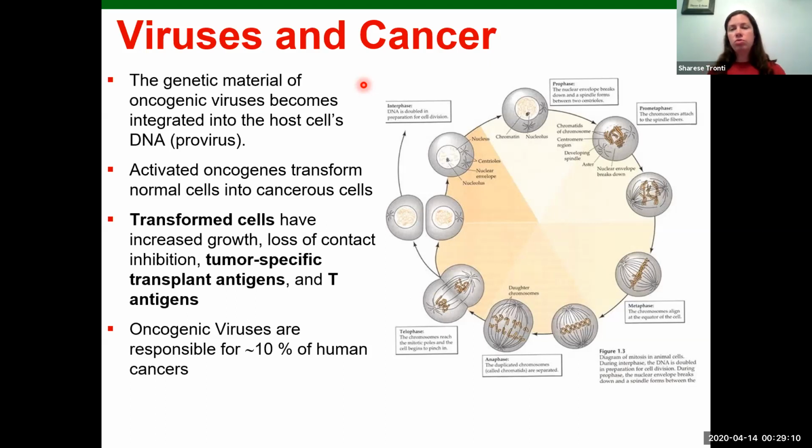So they continue to grow, and that's where we get these masses of cells. Transformed cells also have tumor-specific transplant antigens and T antigens. So they're going to have different antigens on the cell surface. And oncogenic viruses are responsible for about 10% of all human cancers.